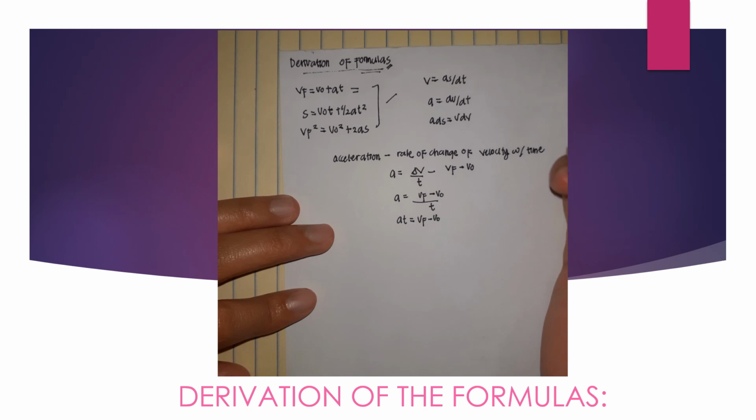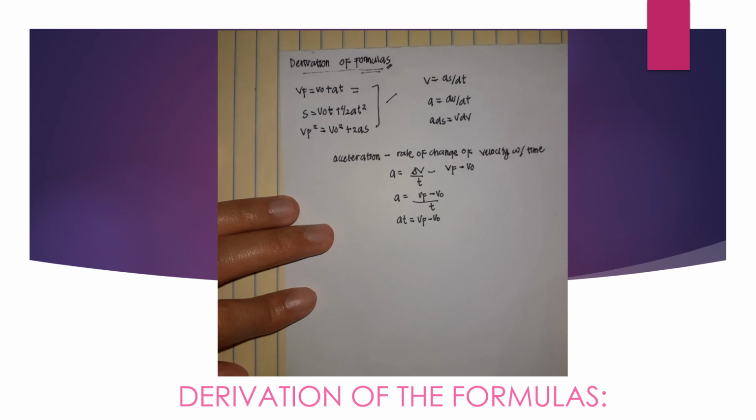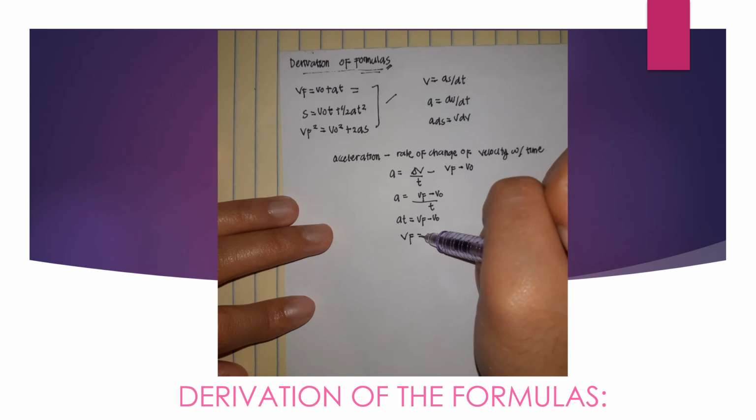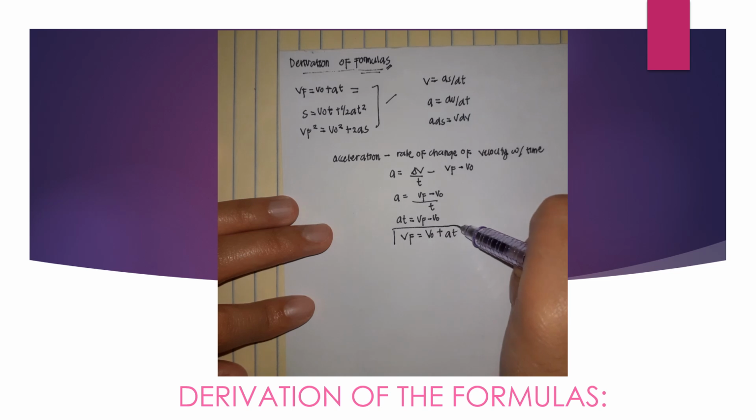Cross multiplying, we have at = v final minus v initial. We can transfer the initial velocity to the other side, so v final equals v initial plus acceleration times time. This is the first formula that we derived.